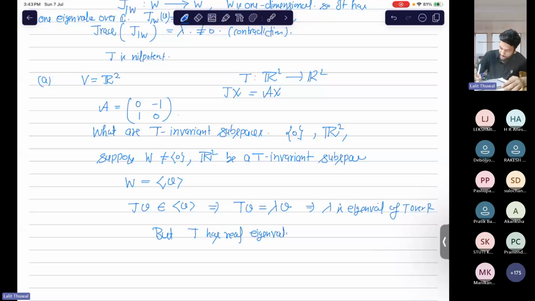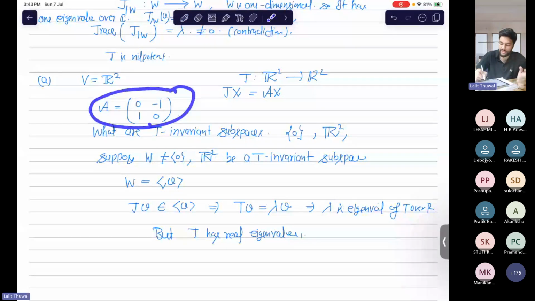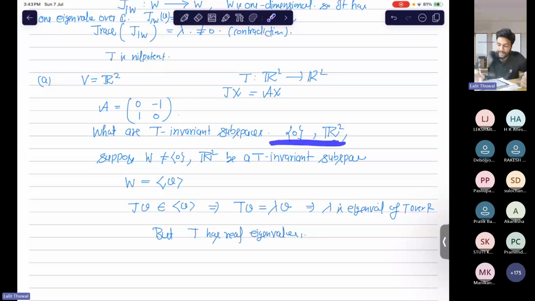You can verify that; this matrix has no real eigenvalues. So it means no one-dimensional subspaces are T invariant. So we have only these spaces that are T invariant.